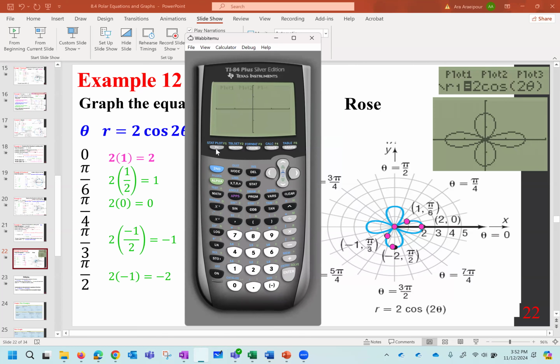There is nothing. Now let's put 2 cosine 2 theta, close parentheses, enter. And now let's graph. So it does it for you. 2 cosine 2 theta, close parentheses. And now if you graph it, it shows the rose. I just wanted to make sure you can see that as it does it in order.